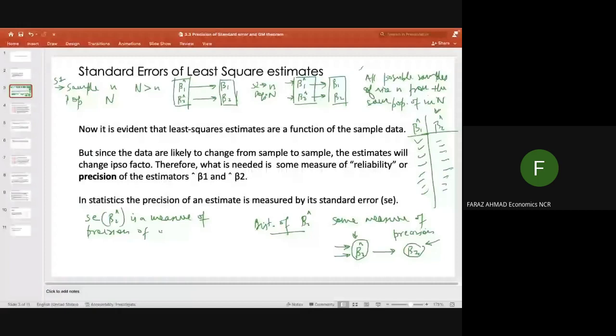Standard error of beta 2 hat is a measure of precision of our calculated beta 2 hat. So if you know that your beta 2 hat is 2.3 for the sample that you have collected, let me call it the first sample. In reality, we are not going to collect a second sample.